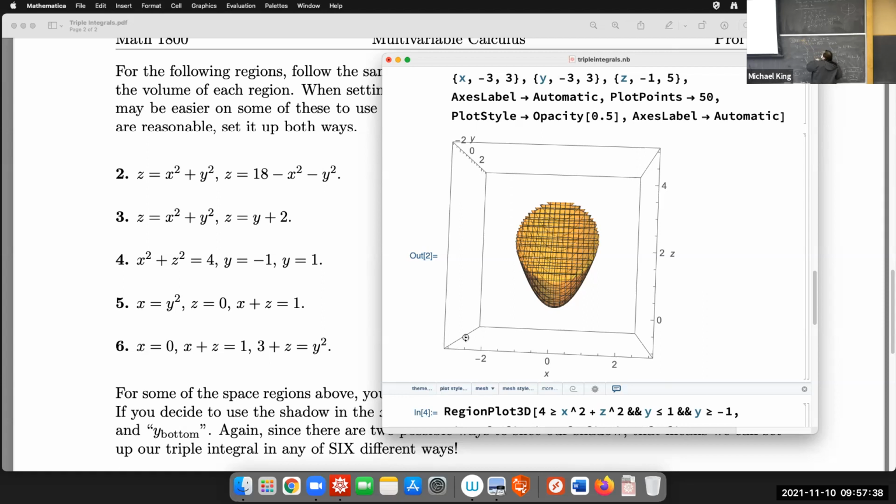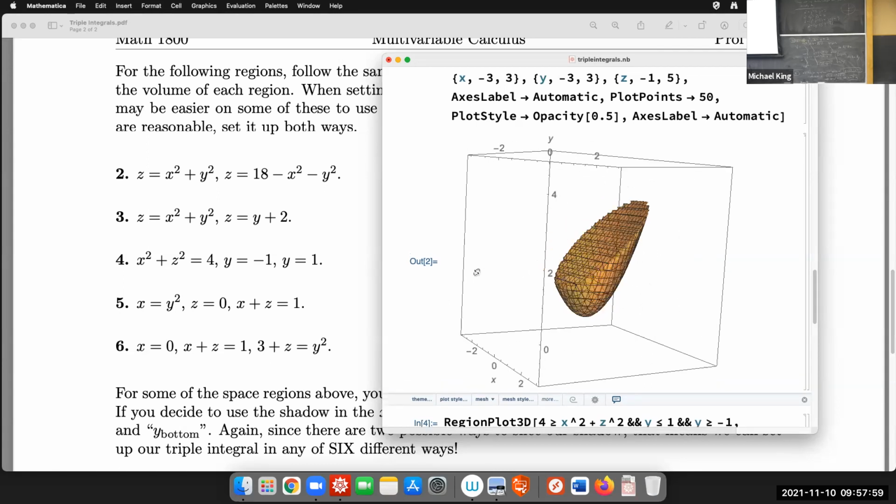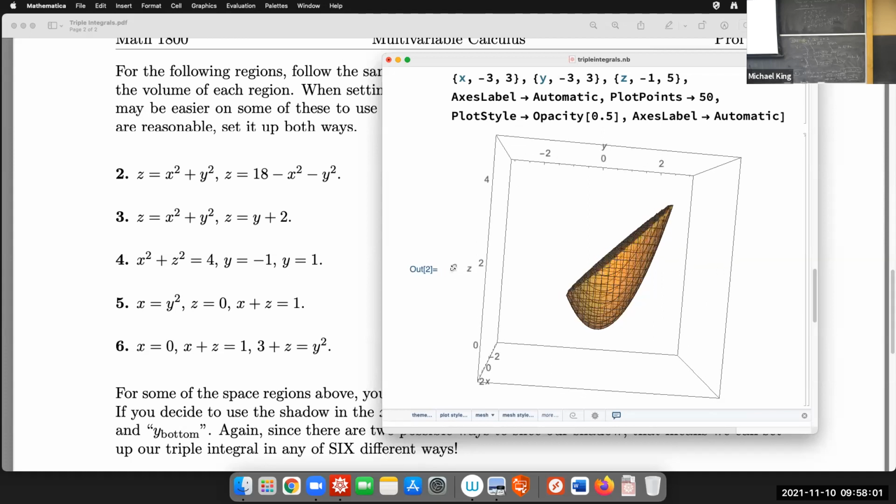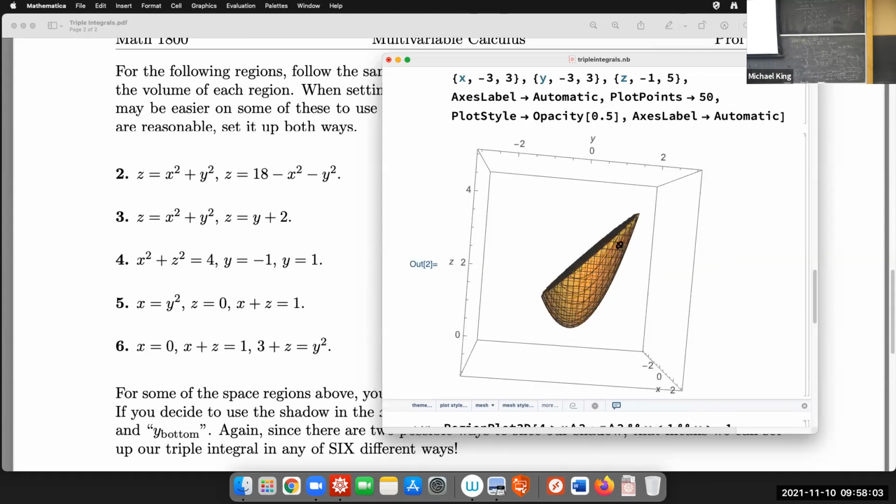Because you could solve that for X. If you solve for X, you'd have X is negative square root of Z minus Y squared or positive square root of Z minus Y squared. And so solving for X is the same as projecting onto the YZ plane. So that's why you get this sort of nice projection.